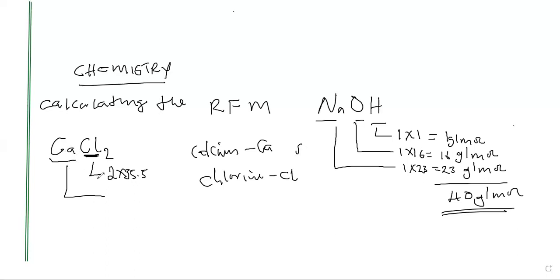Now we go to calcium. We have 1 calcium multiplied by its mass. It has a mass of 40. So here we should get 70 gram per mole for chlorine, and here we should get 40 gram per mole for calcium.